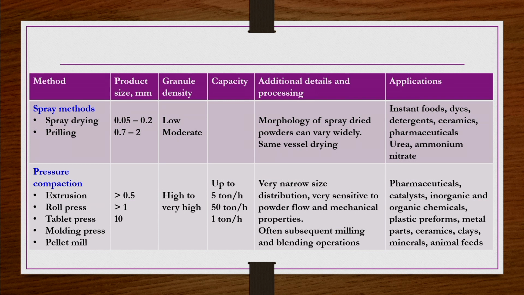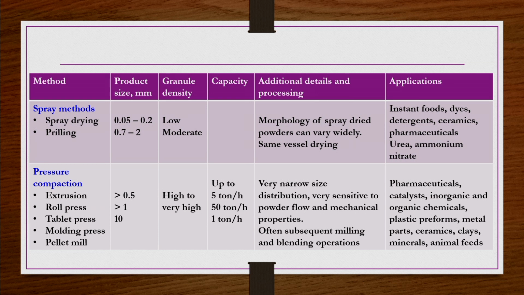Morphology of spray dried powders can vary widely, and in general the same vessel can be used for the drying of these granules as well. Coming to the applications, the spray drying method is in general used for instant products, something like instant foods, dyes, detergents, ceramics, pharmaceuticals, whereas prilling methods are in general used for urea and ammonium nitrate plants.